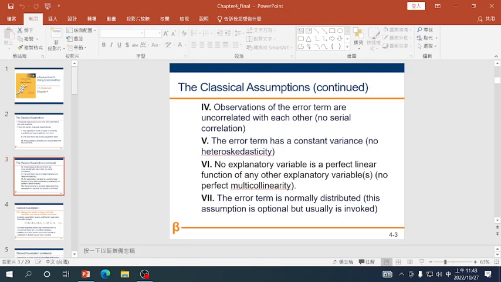Let me just show the numbers: x2 equals 3.2 plus 2x1.